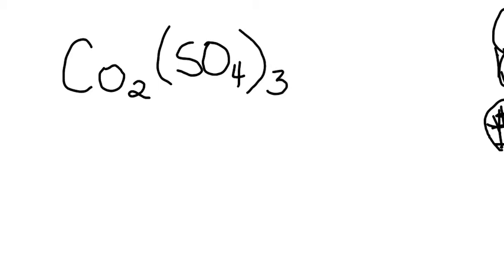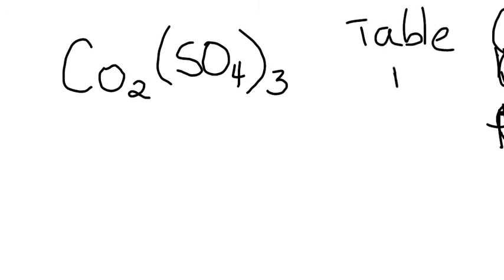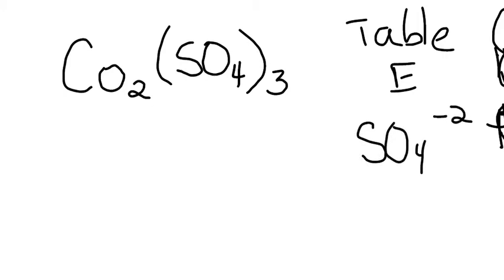So instead of looking to the reference table and thinking about whether or not the element would gain electrons 2 or 3 or 4 or 1, I want you to go to reference table E. When you go to table E, I want you to look up sulfate. And you'll see SO4, and you'll see a -2 charge. That -2 goes right here.